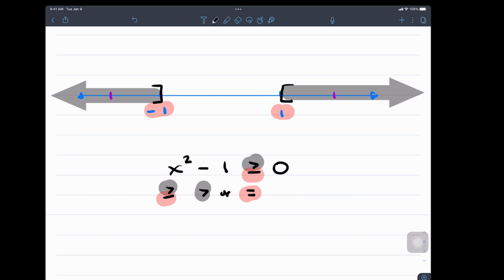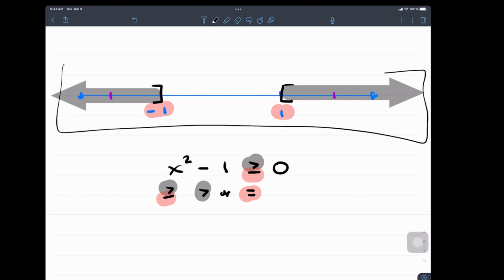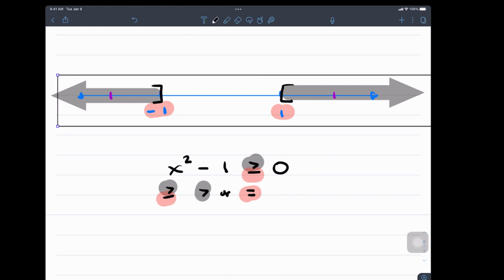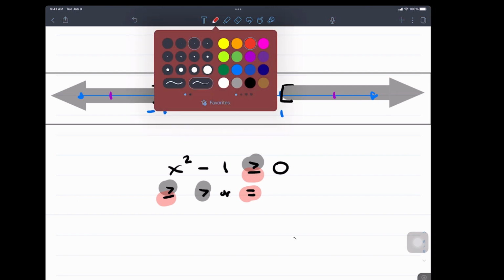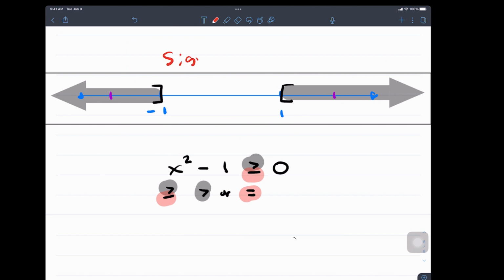There it is. So what's this process known as? Anybody know the name of the process? It's always helpful to know the name. Well, that's the name of the inequalities, but this process is known as sign analysis.